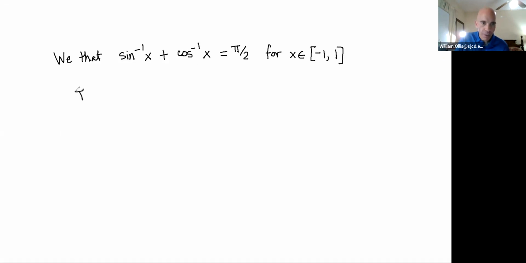Therefore, so this is actually a different proof. Therefore, the derivative with respect to x of inverse sine of u, again, u would be a differentiable function of x satisfying these restrictions, plus inverse cosine of u must be 0.